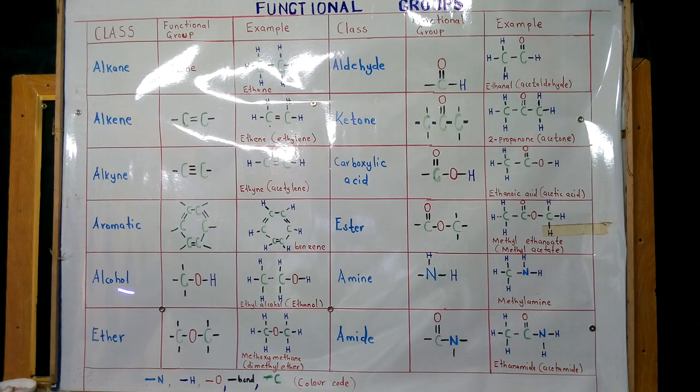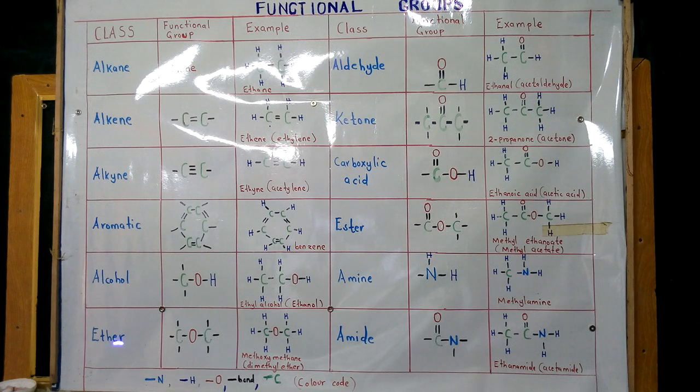So this member has a functional group that appears like this, and the first member here is known as ethyl alcohol. This one consists of a carbon-carbon bond with an OH bonded to it.